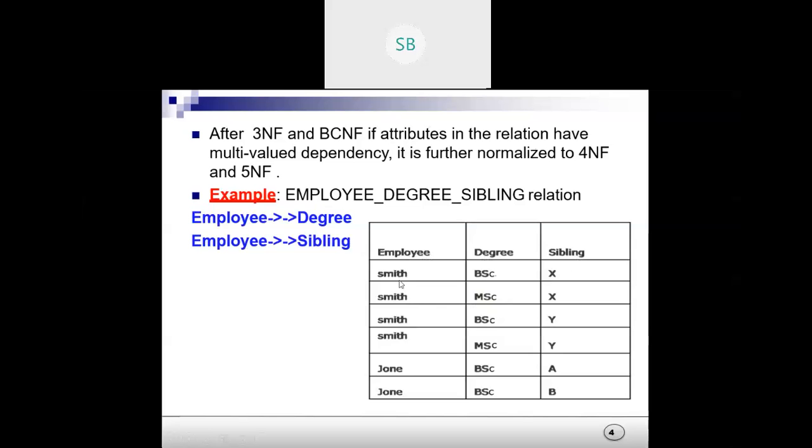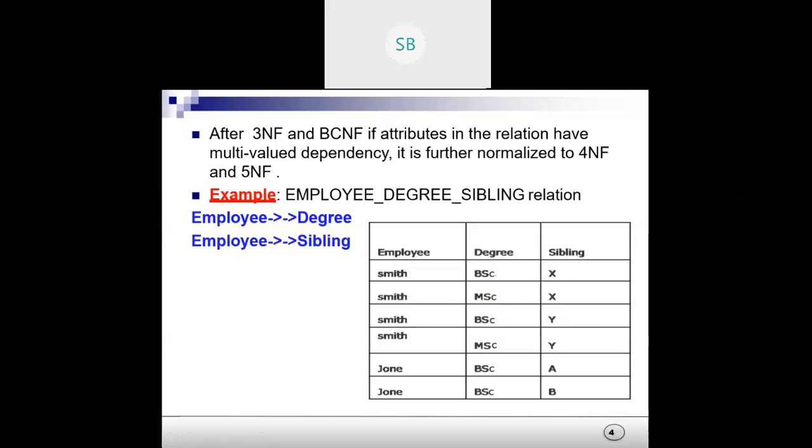Smith's degree is BSc, and he is also going for MSc. He has only one sibling, X. Again Smith has BSc, the sibling, then MSc, and so there are multiple degrees and multiple siblings.